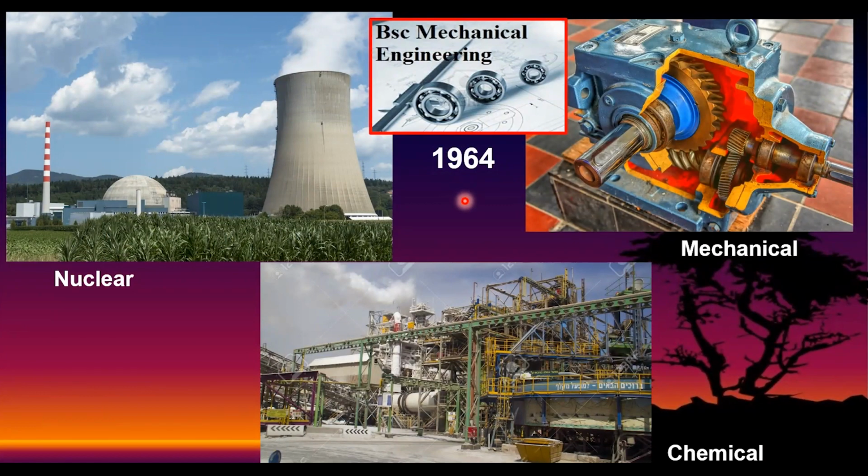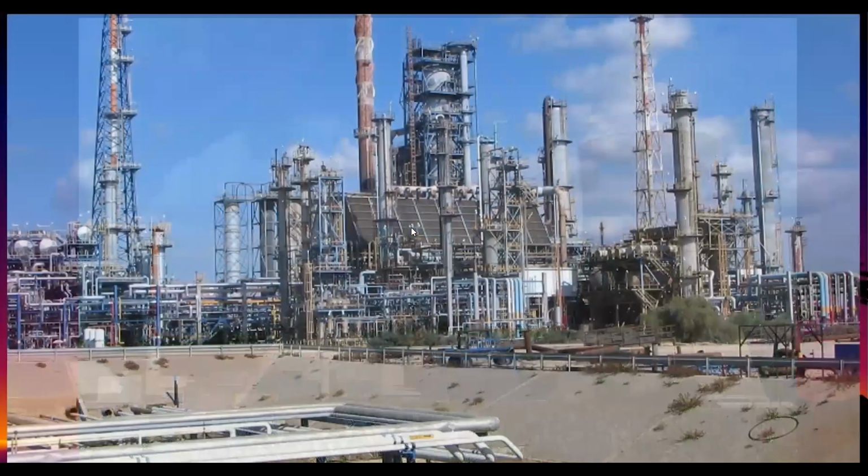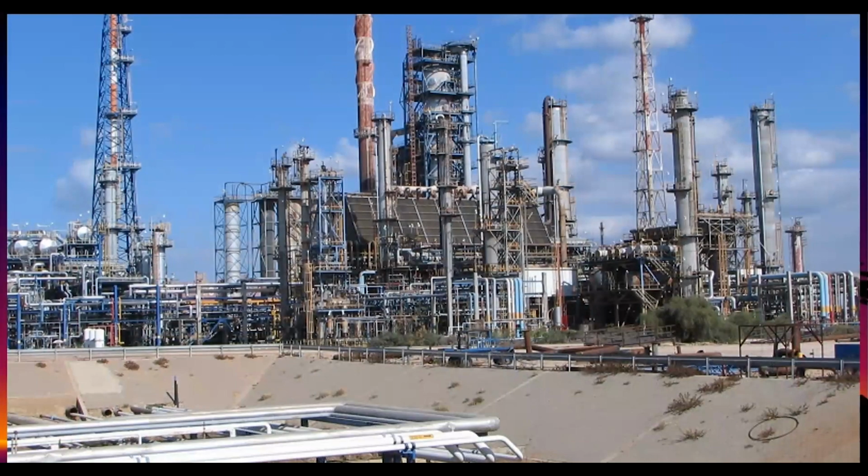For me, I graduated in 1964 with a BSc in mechanical engineering, with additional credit in nuclear and chemical engineering. For the next 20 years I spent time in nuclear reactors and chemical plants, in design, operation, maintenance, and construction, all facets of engineering.